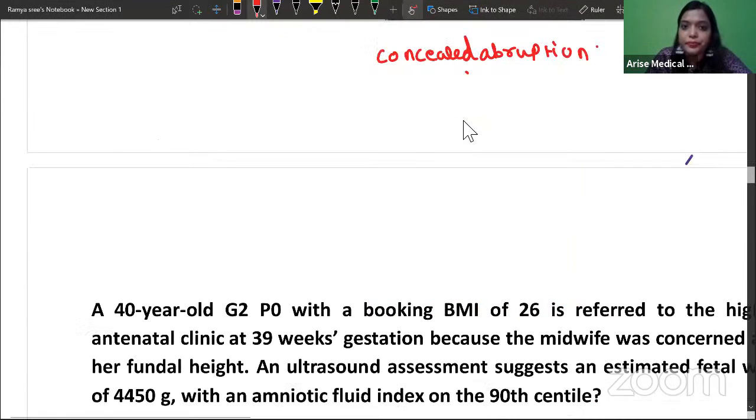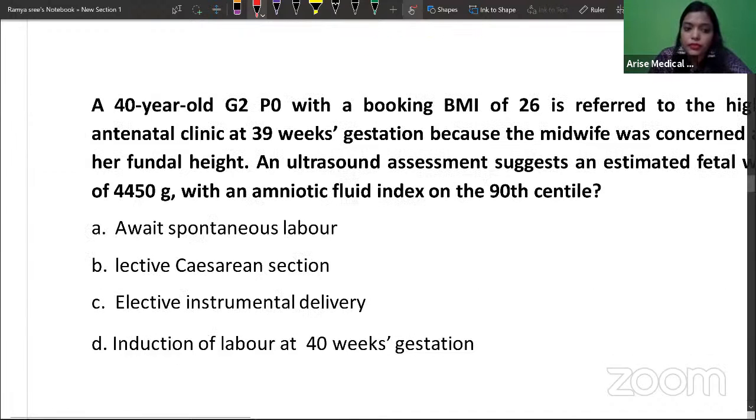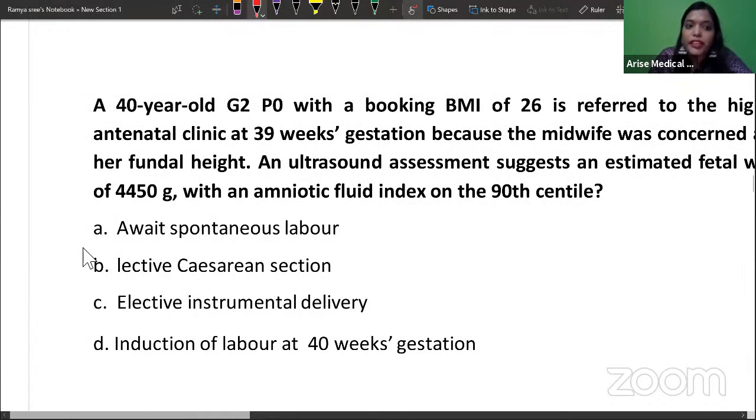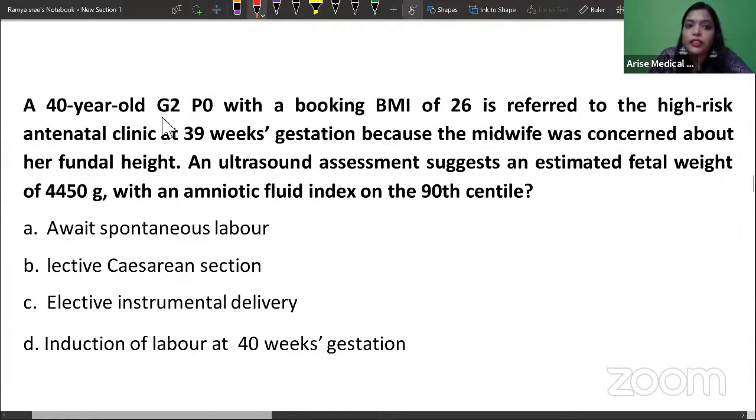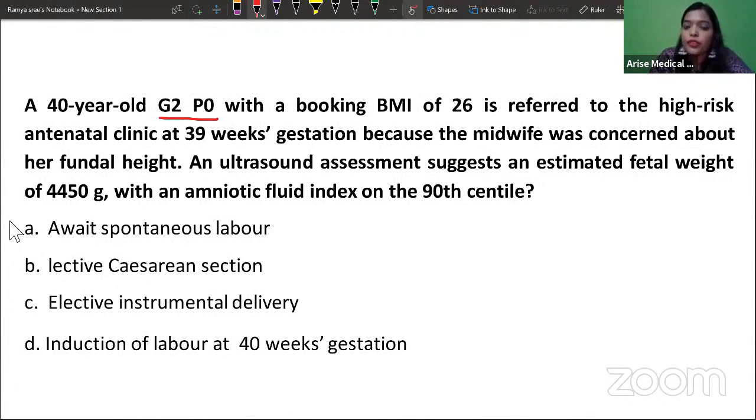Next question. A 40-year-old Gravida 2 para 0 with a booking BMI of 26. Is BMI of 26 normal? She is referred to high-risk antenatal clinic at 39 weeks of gestation because the midwife was concerned about her fundal height.